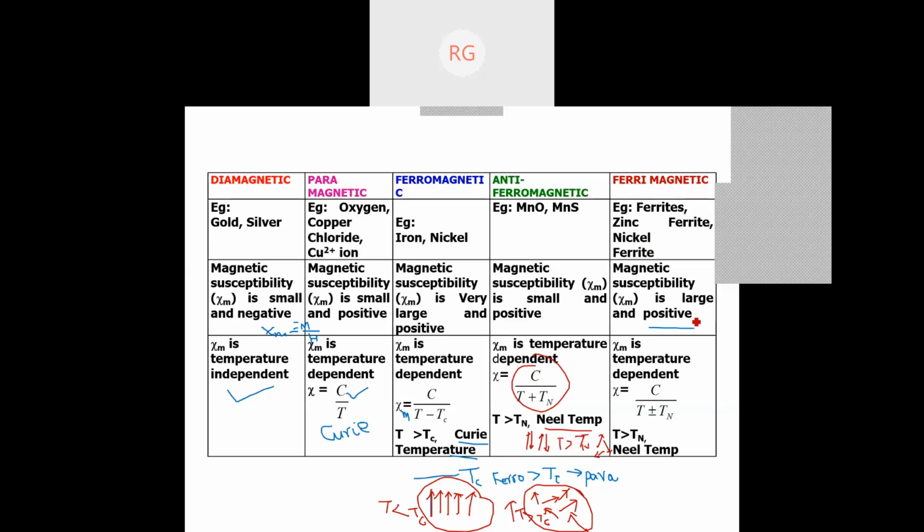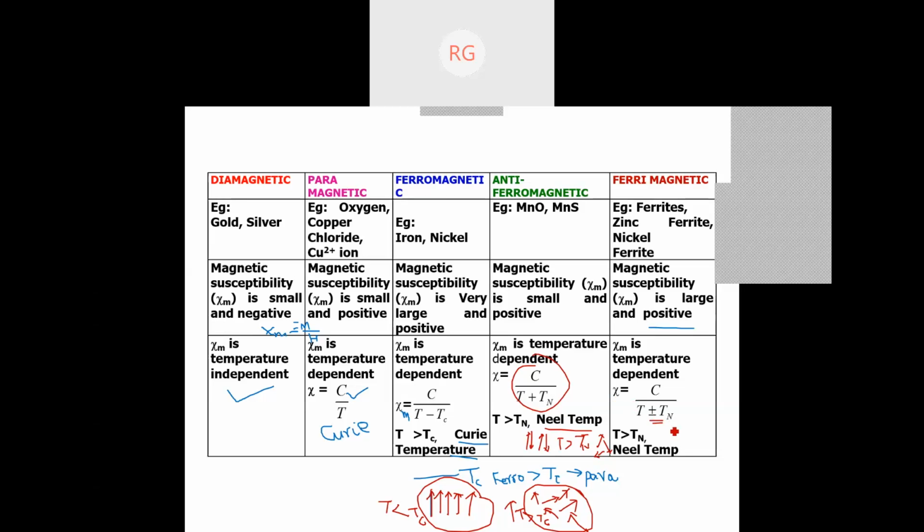And coming to ferrimagnetic materials, this is also temperature dependent, but it is plus or minus Tn. Again, there is a Néel temperature, and this Néel temperature may be different for different materials, and is also different from antiferromagnetic materials.